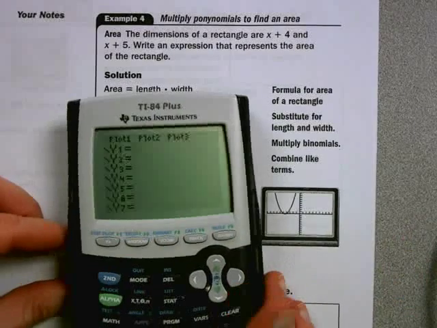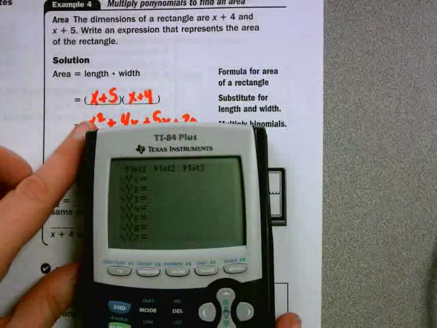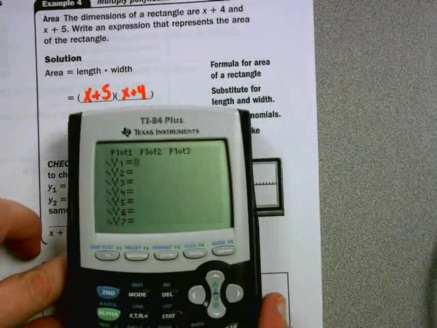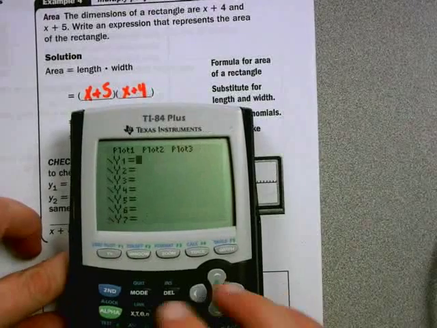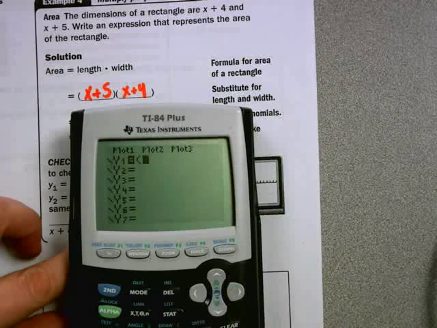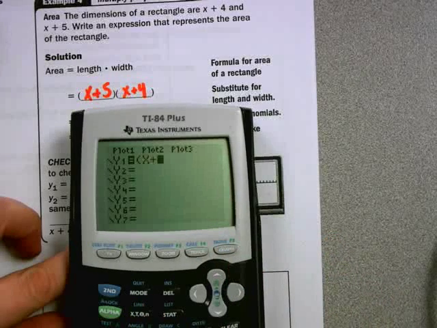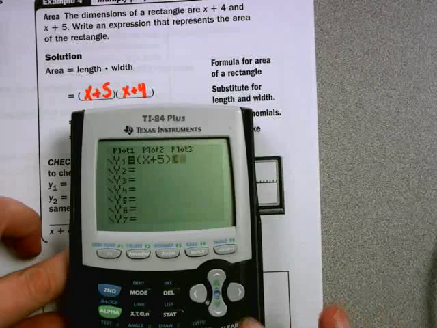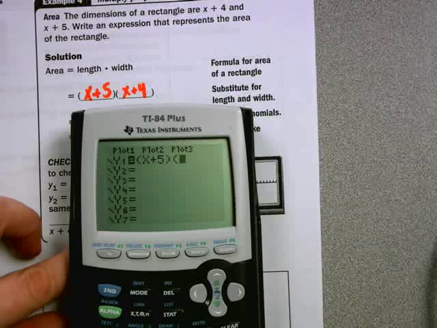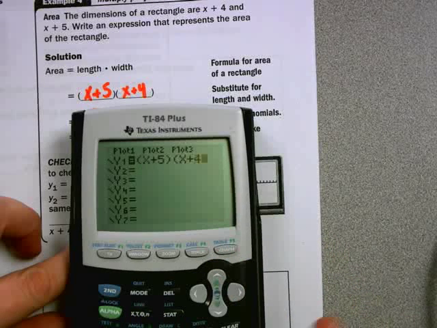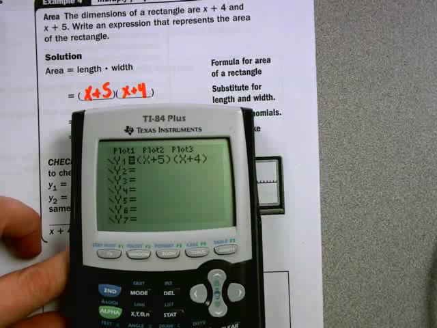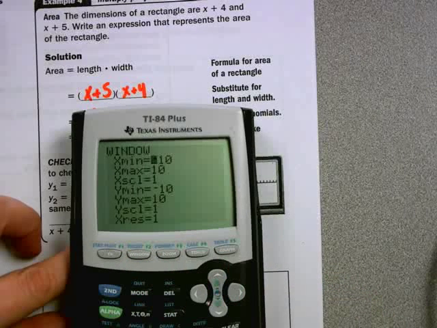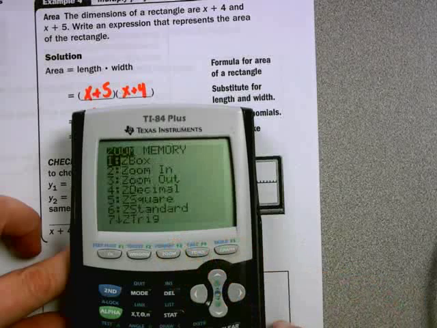The first equation is y equals x plus 5 in parentheses, so your parentheses is above 8, x plus 5 parentheses, and then open it up again, x plus 4. Close it off. Okay, so we're going to graph it in a standard window. Our standard window is negative 10 to 10. If yours isn't in a standard window, remember you go to zoom, and number 6 is standard window. So that's what it looks like.